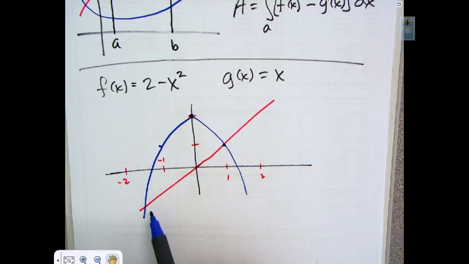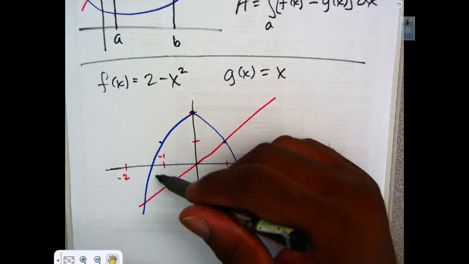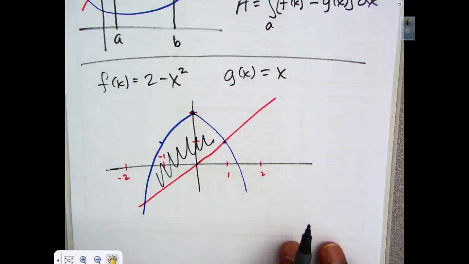So we need to find this point of intersection here. So the area of the region that we're looking for, we are looking for this area here. But we need to find the points of intersection. So how can you find points where two graphs are equal to each other, or two equations are equal?